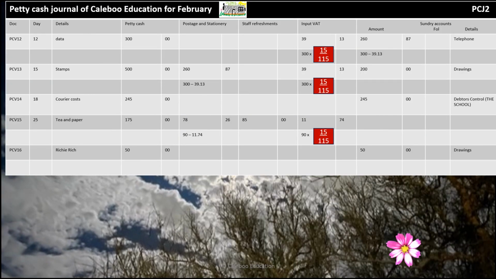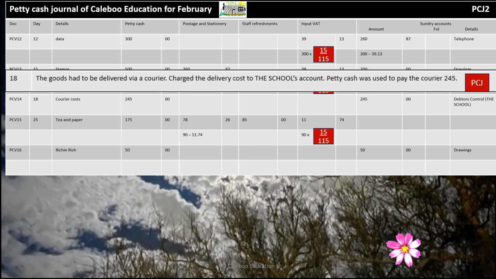Let's move on. So we're going to look at a few more transactions, and the first one on this page is on the 18th. The goods sold to the school had to be delivered via a courier. Petty cash was used to pay the courier, 245.